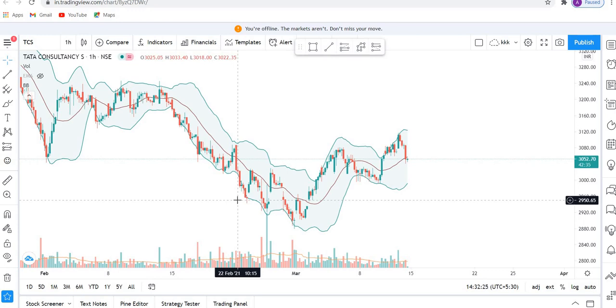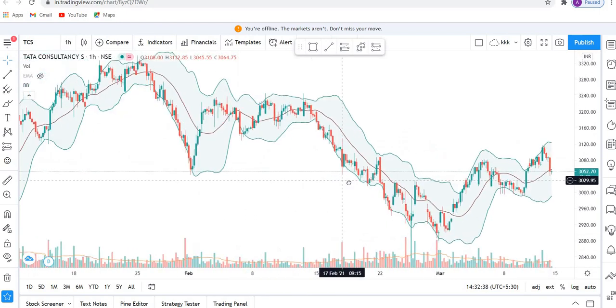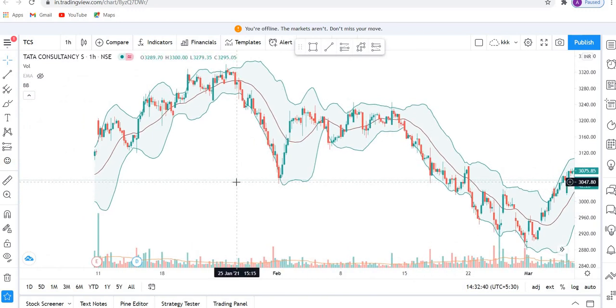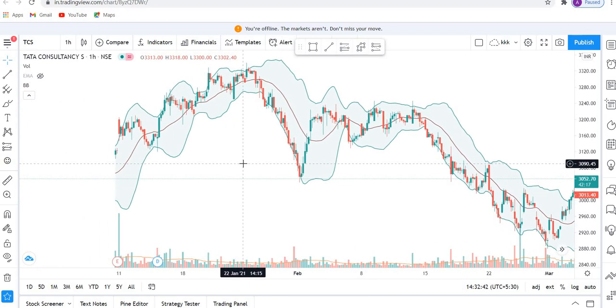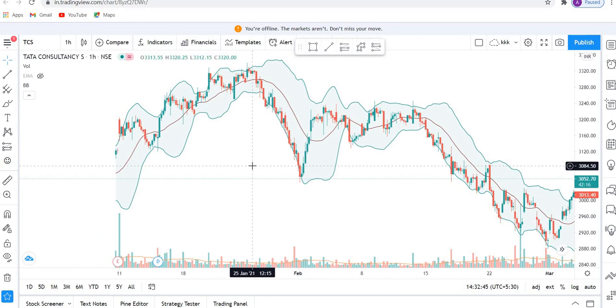We have been using this strategy for a number of years now, and this strategy mostly always works, and it gives you fewer signals, but whenever it gives you a signal, those are very specific and very fine, and you can roll back prices wherever you want to take the price chart. You can see that prices always lie within this Bollinger Band.